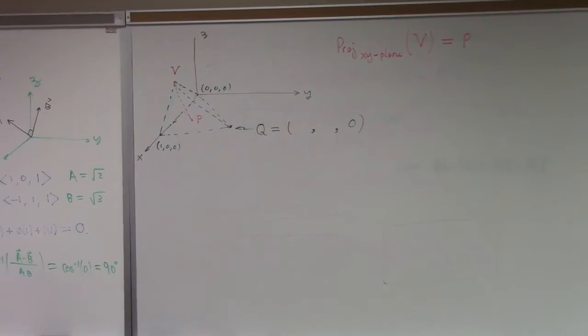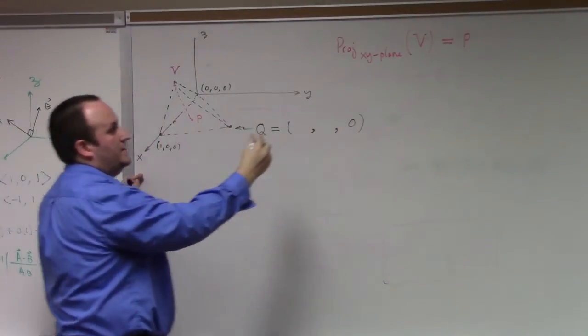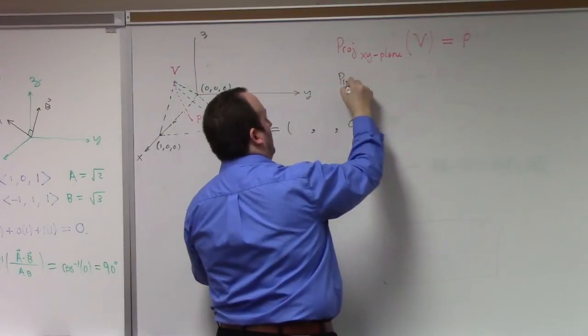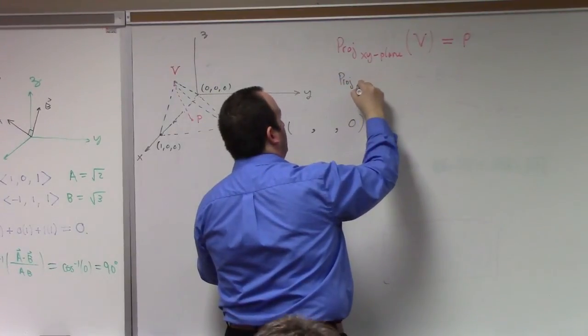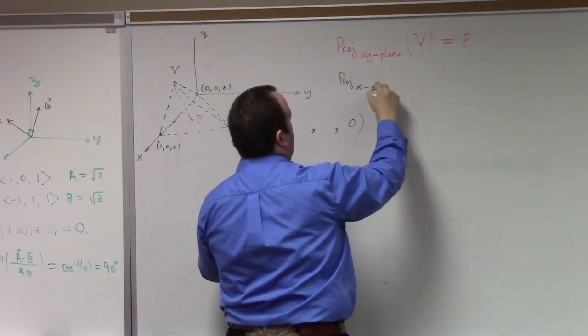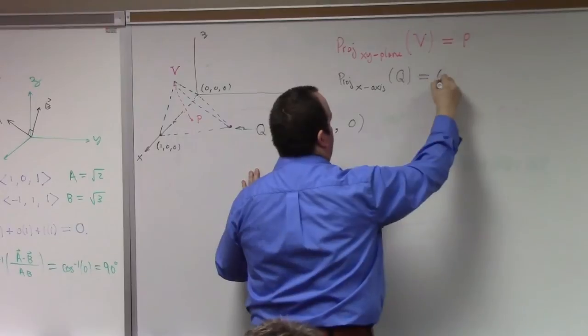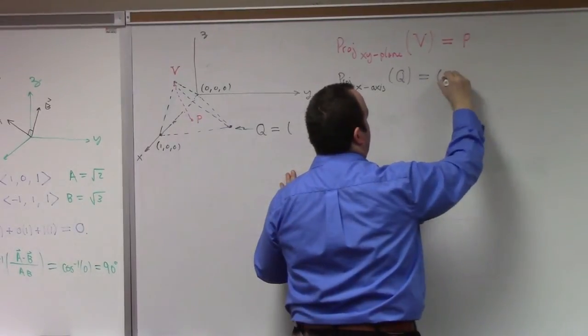And I also know by symmetry that it's halfway out to 1, 0, 0, right? Along the x-axis. Like if I take the projection of Q onto, let's say, the x-axis, it's pretty clear that that is, what, 1/2?